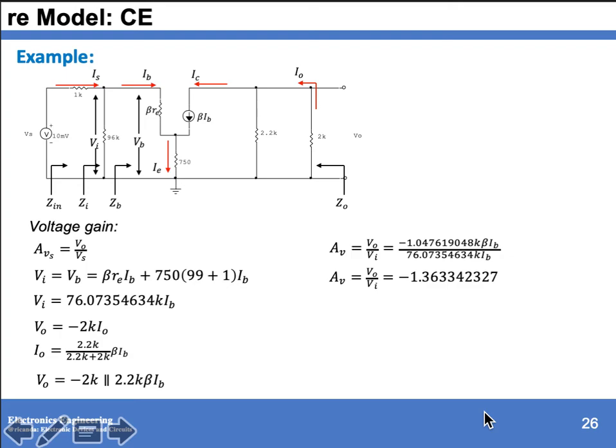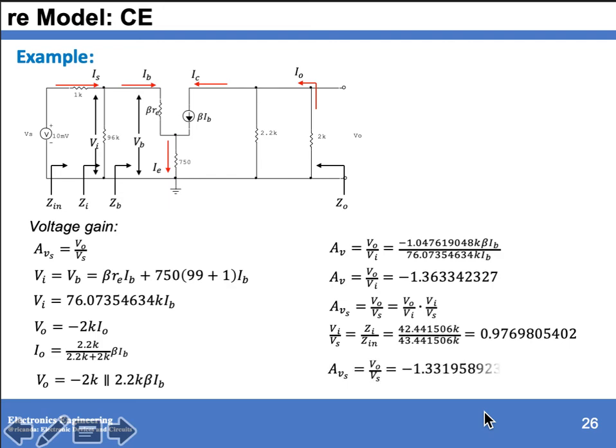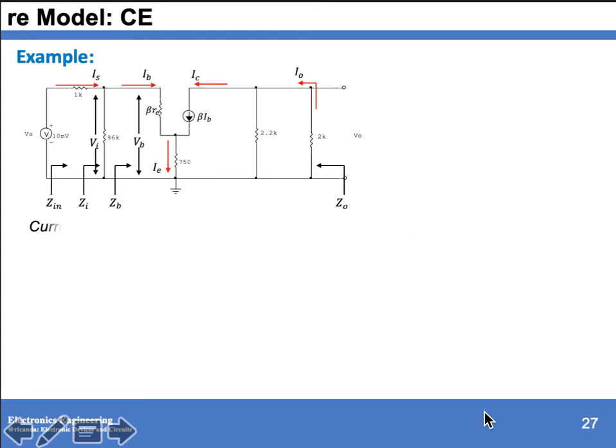But your voltage gain, that is B over BS. So we have to get the equation of your BI in terms of BS, or the ratio BI over BS. So that is equals to input impedance I over impedance IN. Your ABS, which is equals to B over BS, equals to negative 133.1958923.